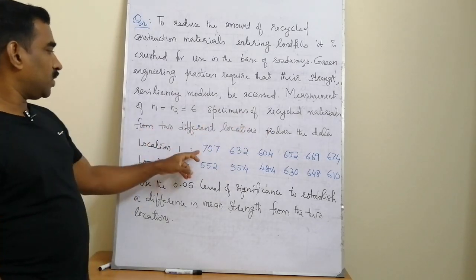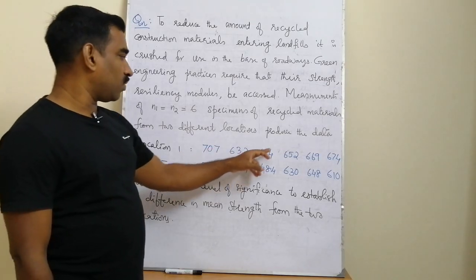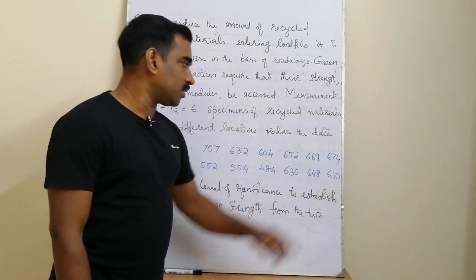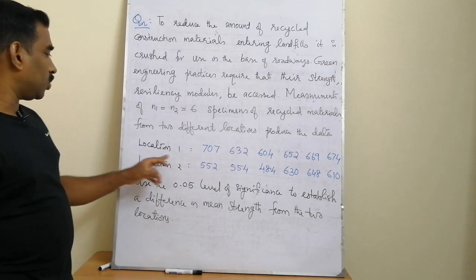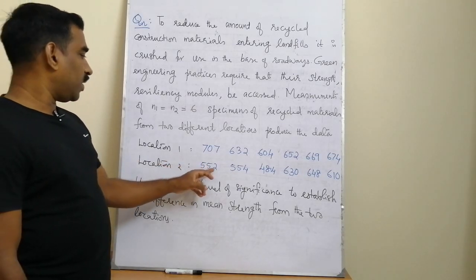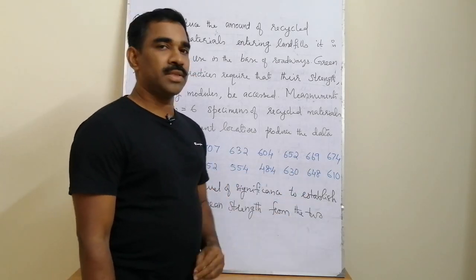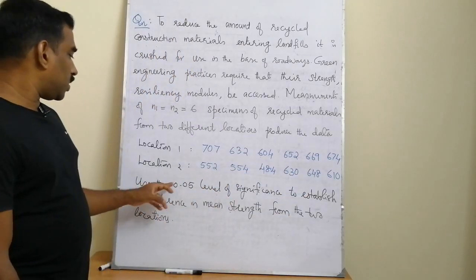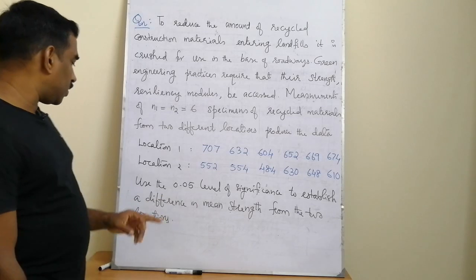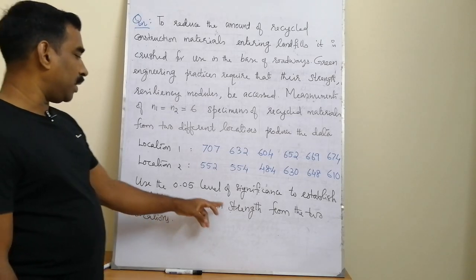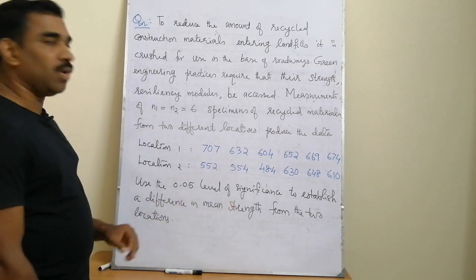Location 1: 701, 632, 604, 652, 669 and 674. Location 2: 552, 554, 484, 630, 648 and 610. Use the 0.05 level of significance to establish a difference in mean strength from the two locations.